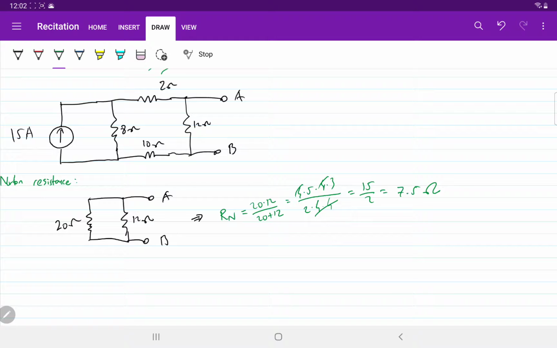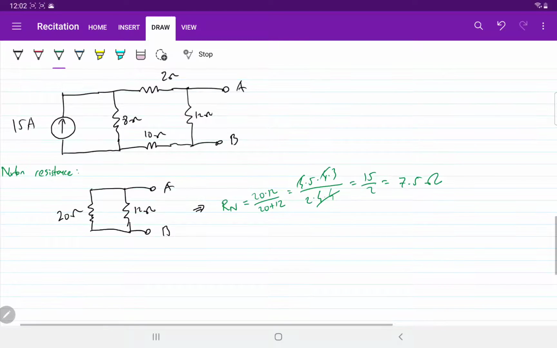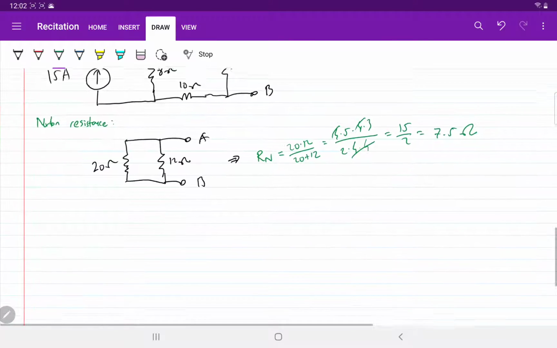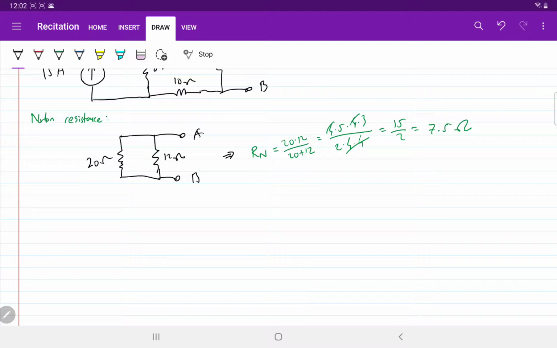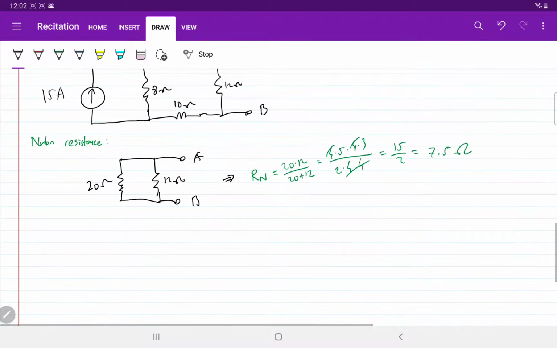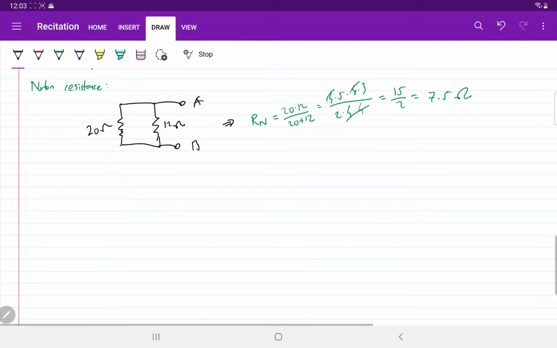But there's another way. This way we have to compute the Norton current source independently, right? So let's do another way. Let's use source transformation. We transform this current source into a voltage source.